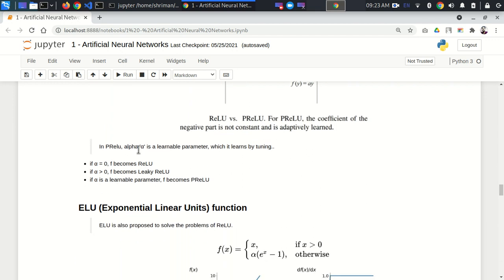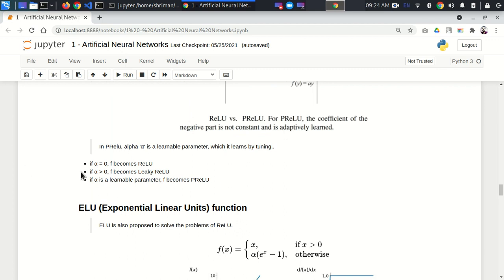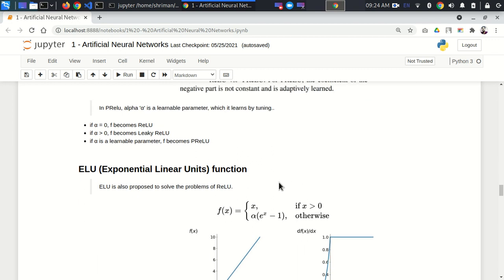In p-ReLU, alpha is a learnable parameter which it learns by tuning. If alpha is 0, this function becomes ReLU. If alpha is greater than 0, this function becomes Leaky ReLU. If alpha is a learnable parameter, it becomes p-ReLU. So Leaky ReLU and p-ReLU are just modified versions, variants of ReLU itself.